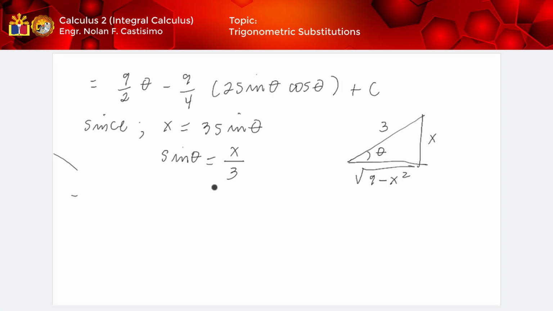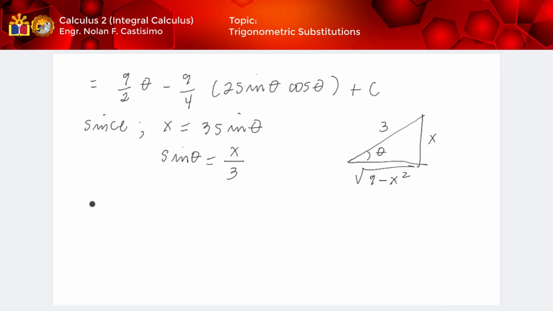So, therefore, mapoprove nyo rin ito pag ginamitan nyo ng ating Pythagorean theorem, wherein may value naman tayo dito ng 3, at saka may value tayo ng x. Okay, so let's proceed. So, now, since meron na tayong ganyan, isa-substitute lang natin itong mga value na ito.